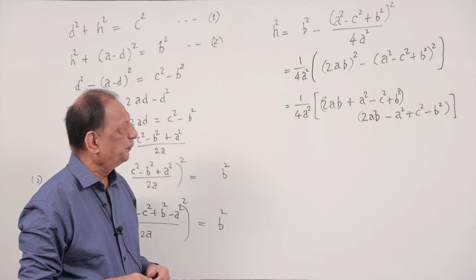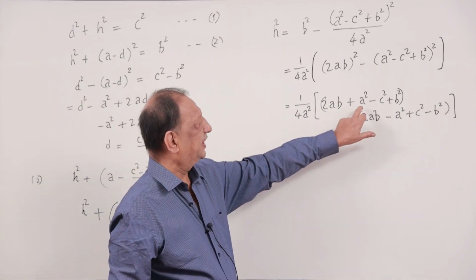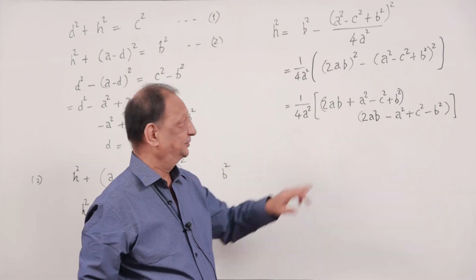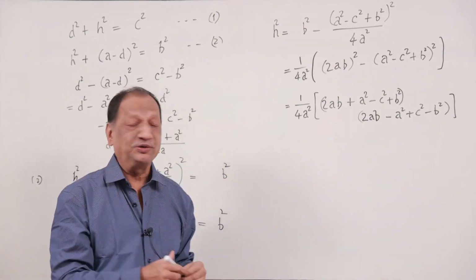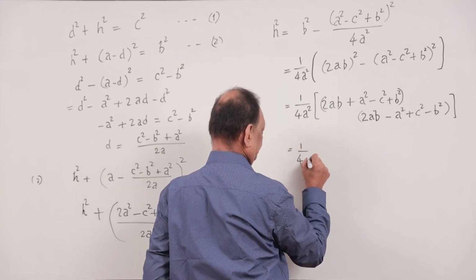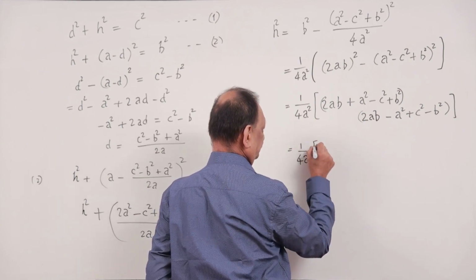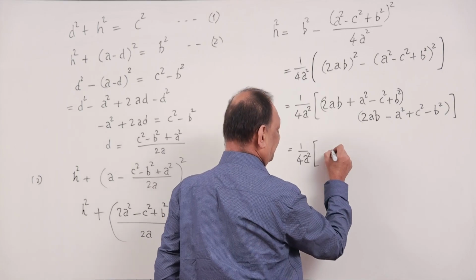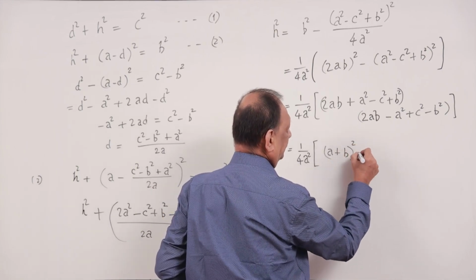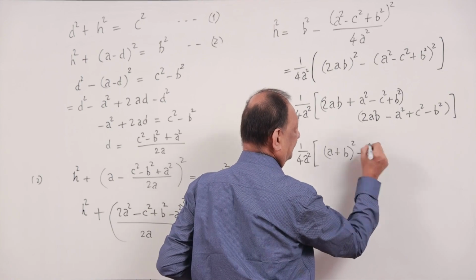Correct? Now inside you can see I got a square plus b square plus 2ab. So we can combine that into (a plus b) whole square minus c square.